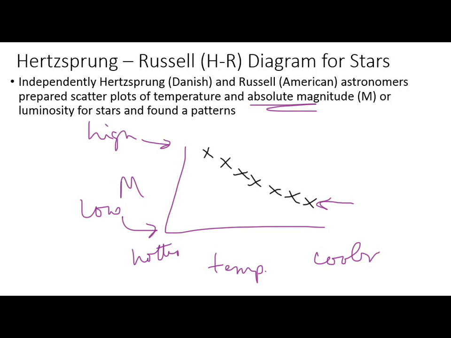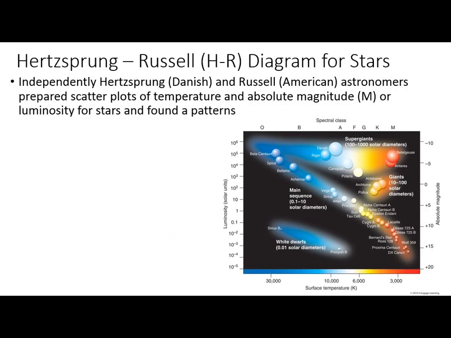Okay, so they were real excited about that line. The other thing, though, and I'll show you what this plot's going to look like, they also came up with a cluster of stars up here and a cluster of stars down here, and they explained all of that. So that's called an HR diagram, Hertzsprung-Russell diagram.